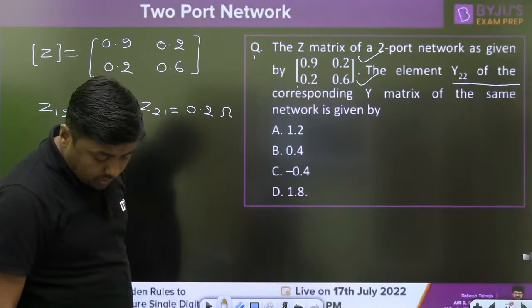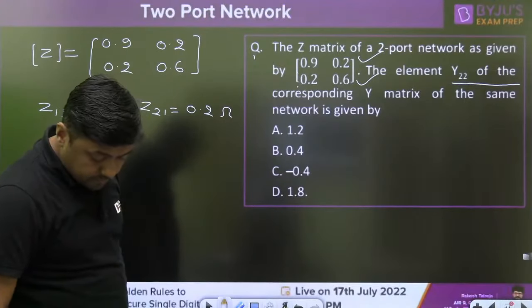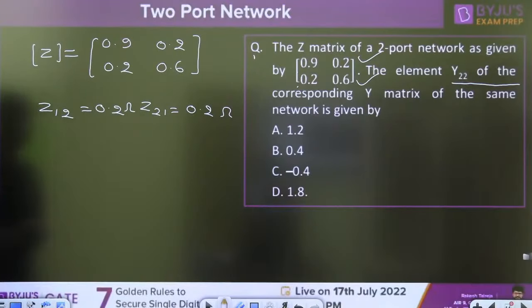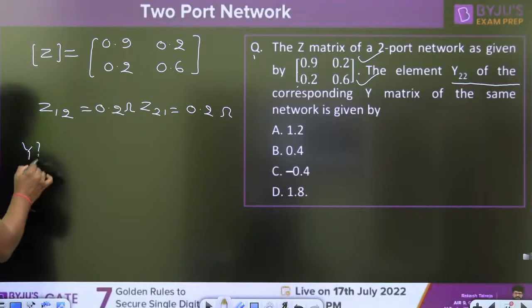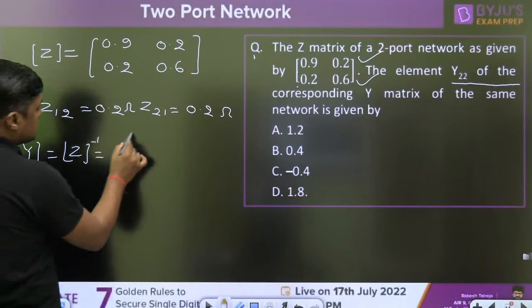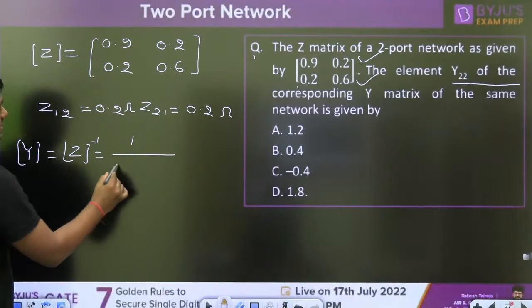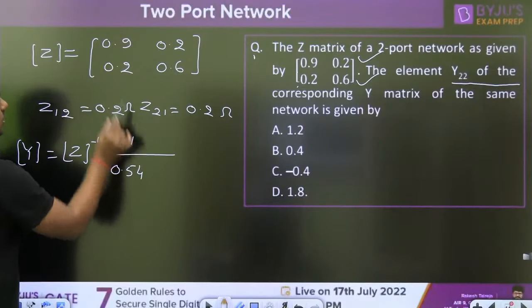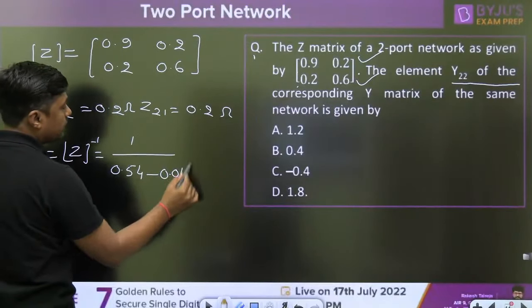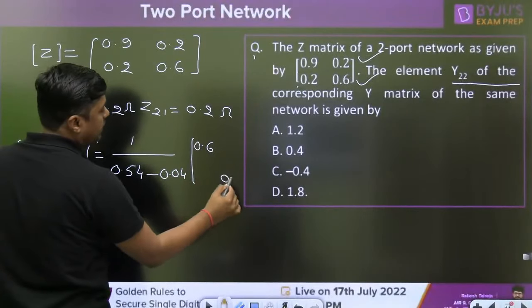If it is a reciprocal network, then how to find the Y parameters? Inverse of this. Everyone try to find the inverse of this particular matrix. Very simple. Y is nothing but Z inverse. Z inverse means the determinant: 0.9 multiplied by 0.6, that is 0.54, minus 0.2 multiplied by 0.2, that is 0.04, so 0.5. Change the position, it will become 0.6 and 0.9.